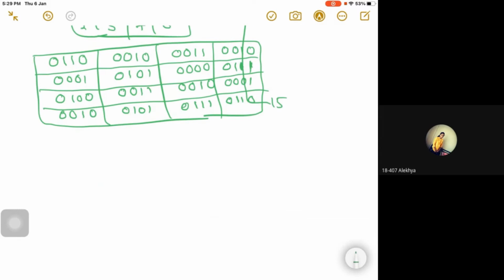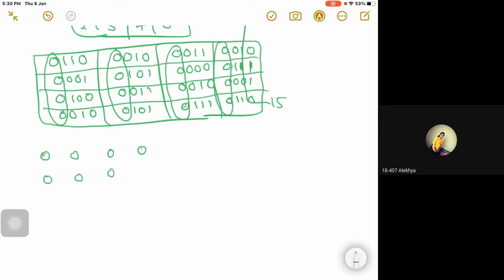In this, how will the MSB plane be? For the MSB plane, you have to consider only the MSBs, the leftmost bits in each column. So what is the MSB plane? 0, 0, 0, 0. All zeros.